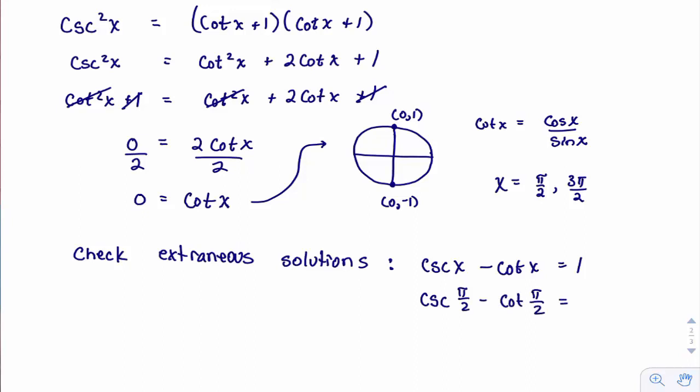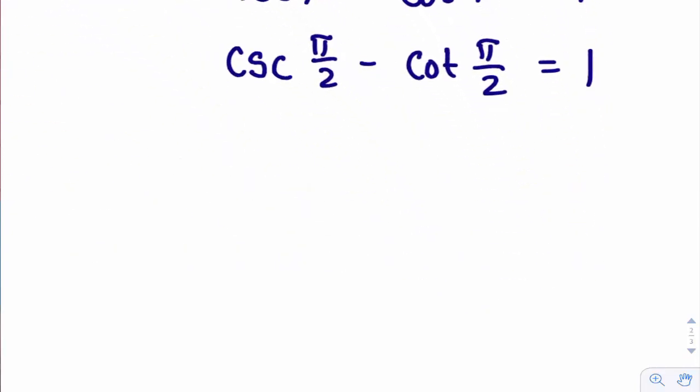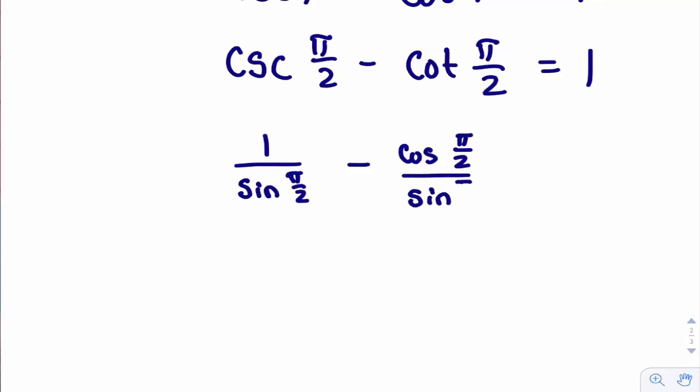And again, I want to see, does that equal 1? So I'm going to zoom in on this real quick as I do it. So cosecant, that is 1 over sine pi over 2. And cotangent is cosine pi over 2 divided by sine pi over 2.